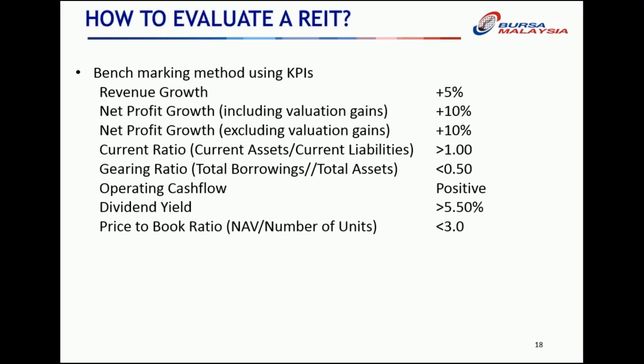The current FD rate hovers around 3%. So at 5.5%, it gives you a clear, quite wide gap between the FD rate and the 5.5% minimum, because some REITs may actually be more than 5.5%, and therefore exceed that KPI.